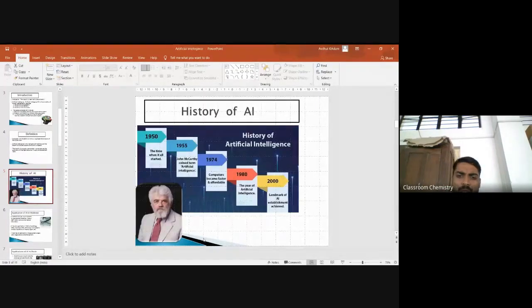Then what is the history behind artificial intelligence? Now we focus on the history. In 1950, the time when it all started, there is the starting era of artificial intelligence. In 1955, John McCarthy coined the term artificial intelligence.